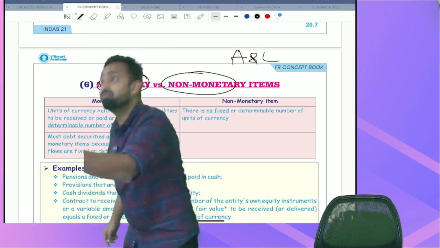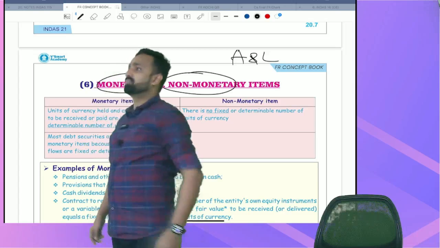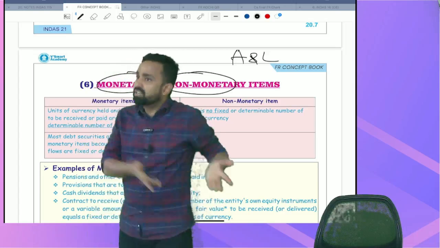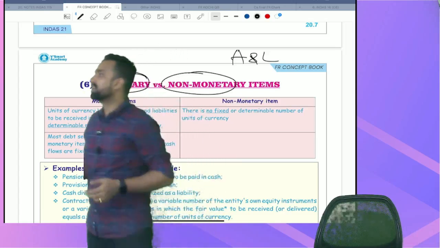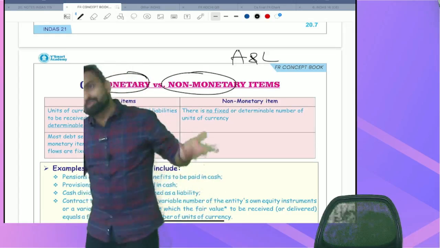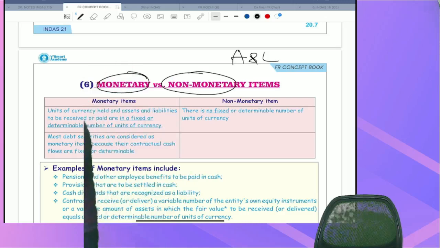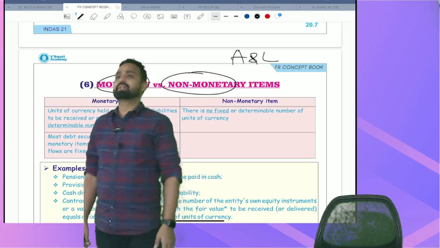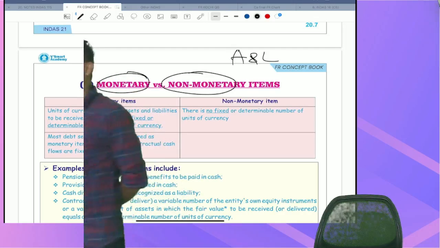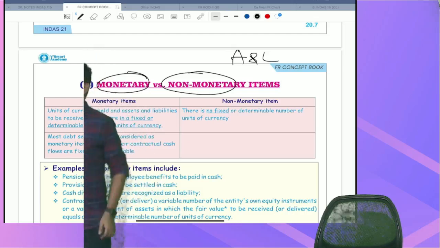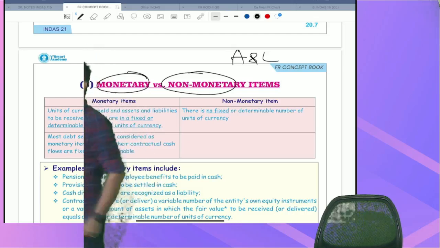Now the problem with all these kinds of non-monetary items is that some non-monetary items are measured at cost only. Some are measured sometimes at fair value. Some are measured at cost or NRV, whichever is lower. The main problem is non-monetary items don't have one single measurement rule. Understood or not? Sometimes the non-monetary item is measured at cost, the cost model as per investment property or the Ind AS 16 cost model.